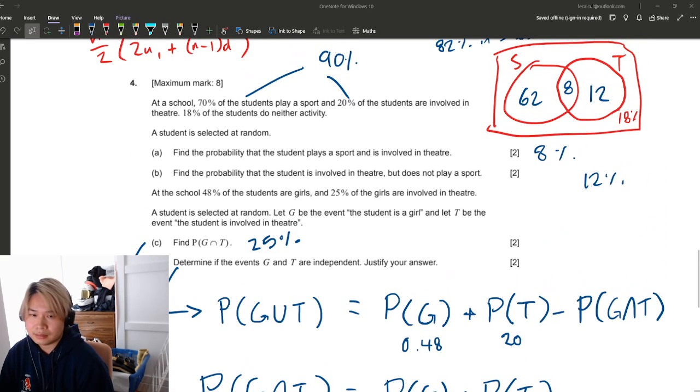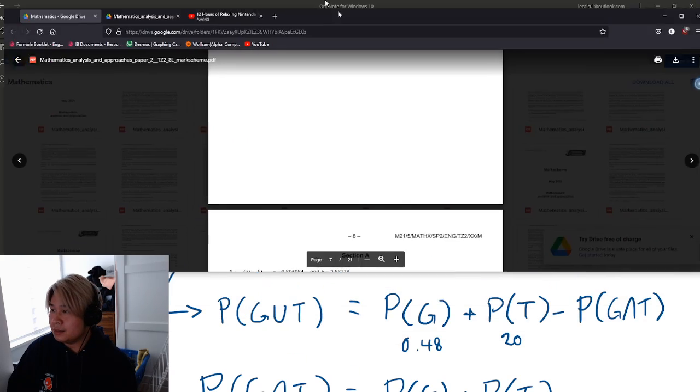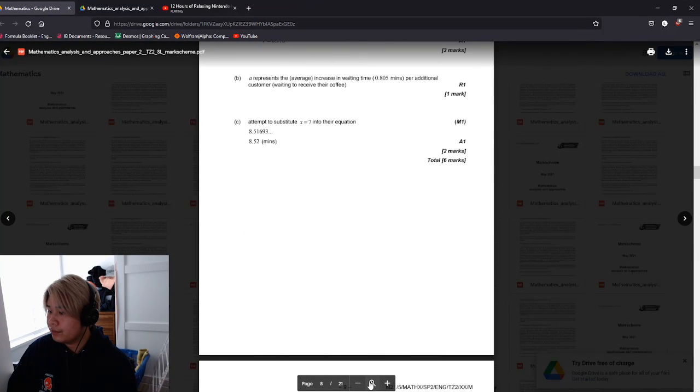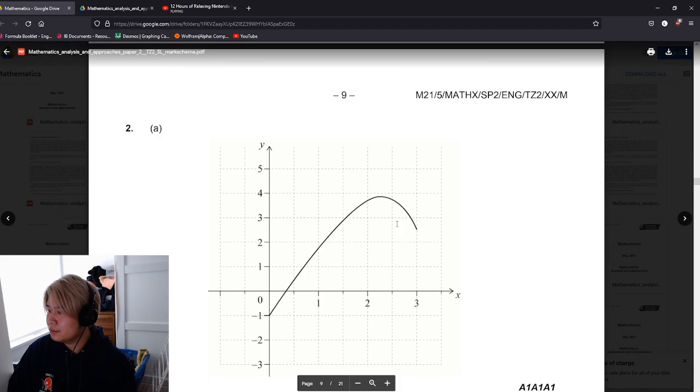Number 4? Come on. Okay. Here, let me show you the mark scheme. Why does that zoom in so much? Okay.